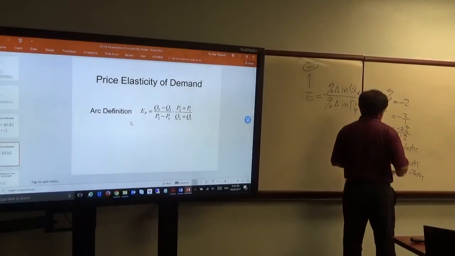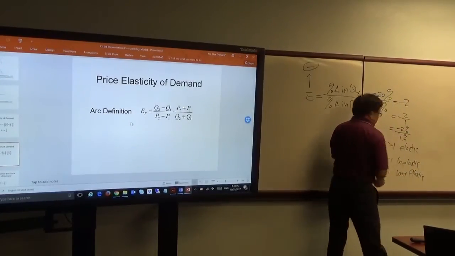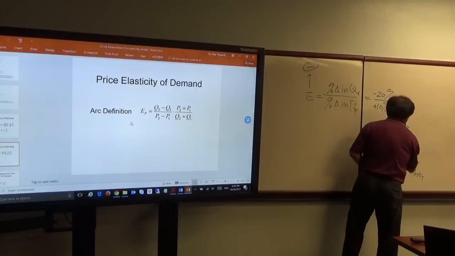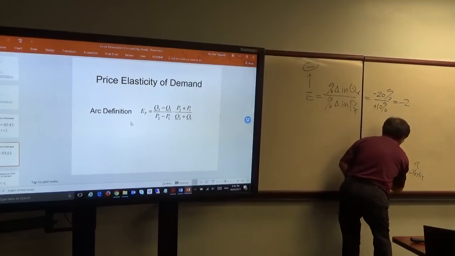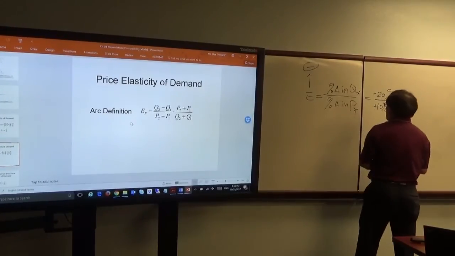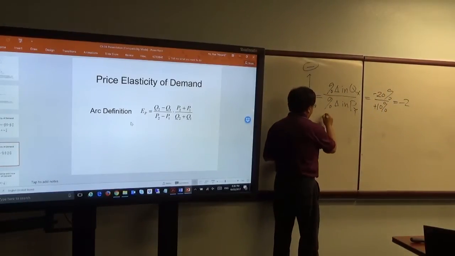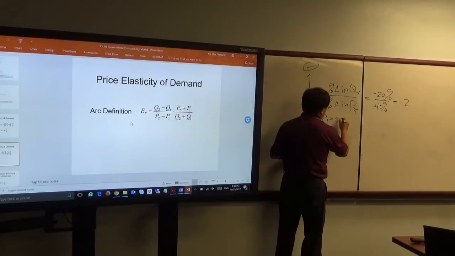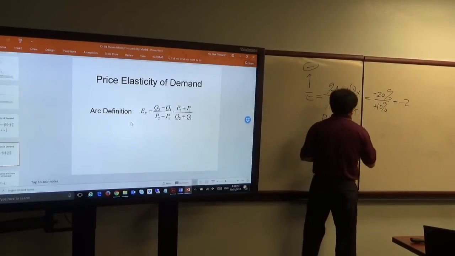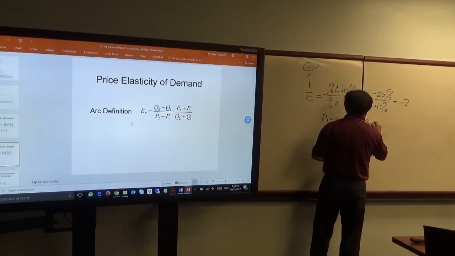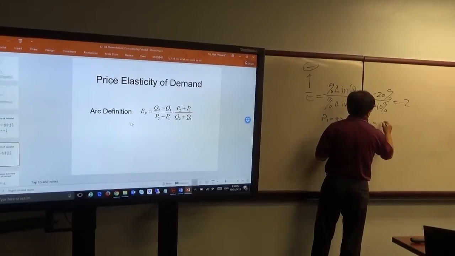I can give you one example. So the cutoff is 1. Let's see. If you want to calculate the price elasticity, let's say the initial point is price is $2 and the quantity demanded Q1 is 50.